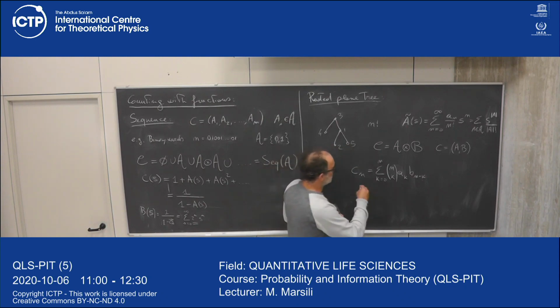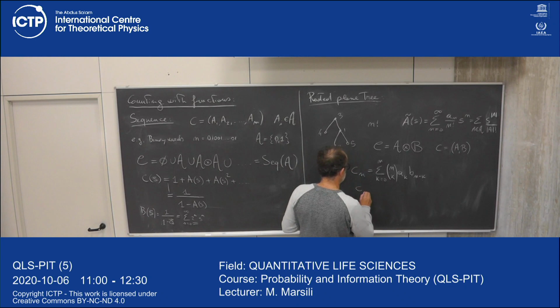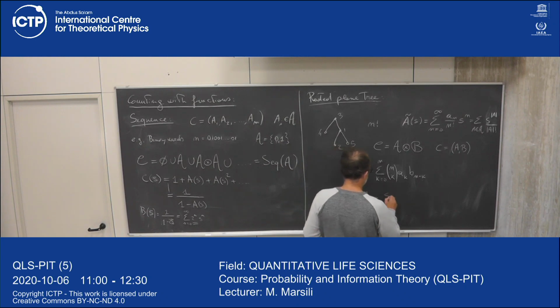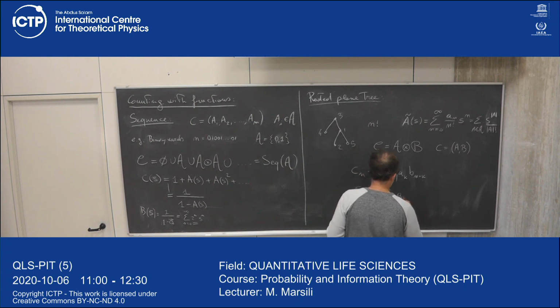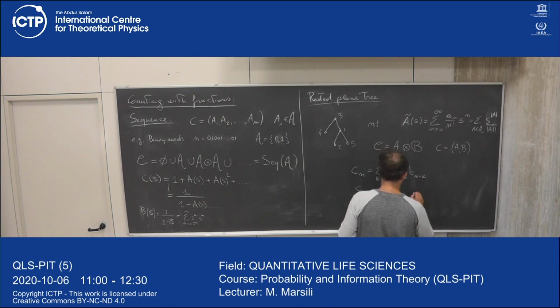And so you see that Cn divided by n factorial is equal to the sum over k of ak over k factorial times b n minus k over n minus k factorial.